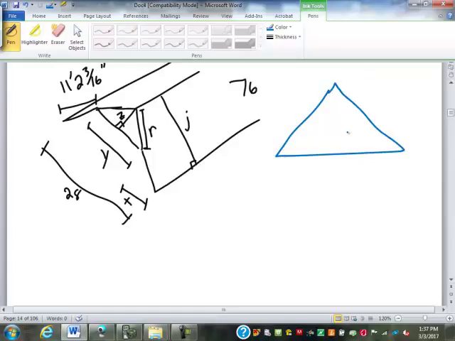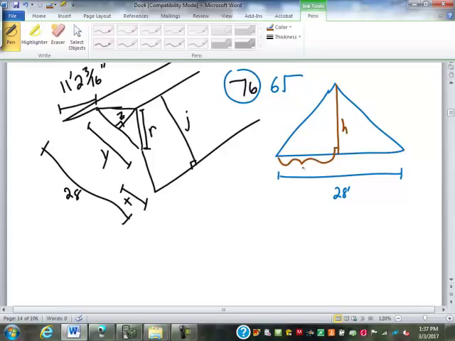What do we know about this triangle? 28-foot span, and 6/12. So finding the height here, of course, is a 14-foot span. 6 over 12 equals h over 14. So you can give us h of what? 7.